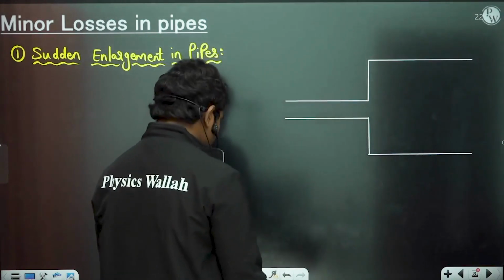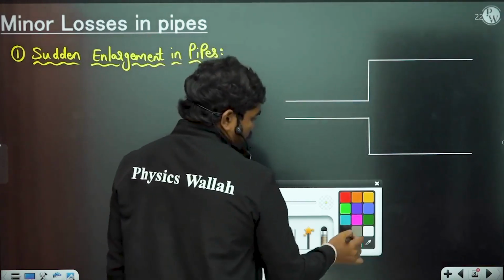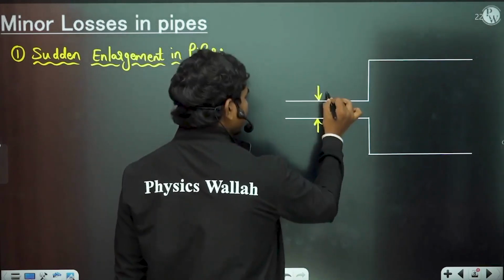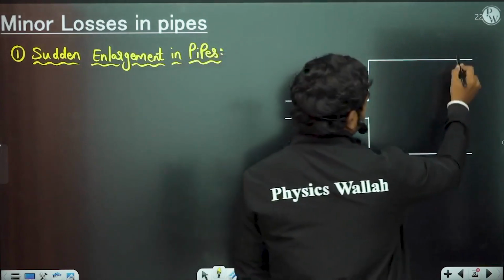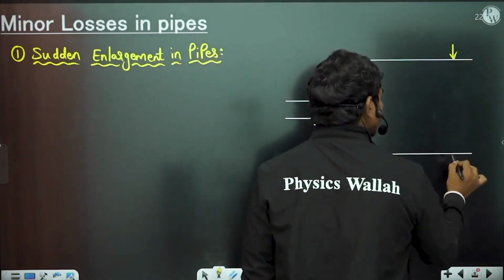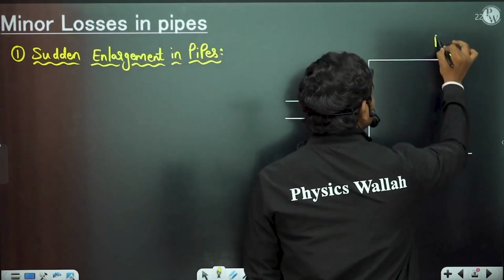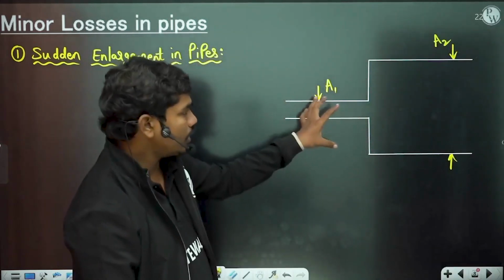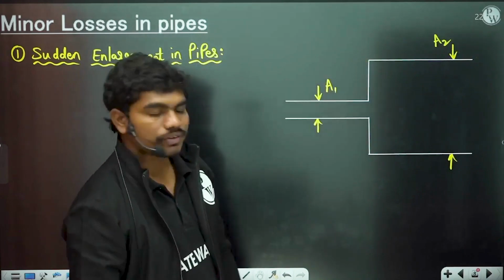So see here, this is of diameter d1, or area a1, let us say directly, and let us suppose this is of area a2. So we have a pipe of area a1 and suddenly it gets enlarged to a2, for example.